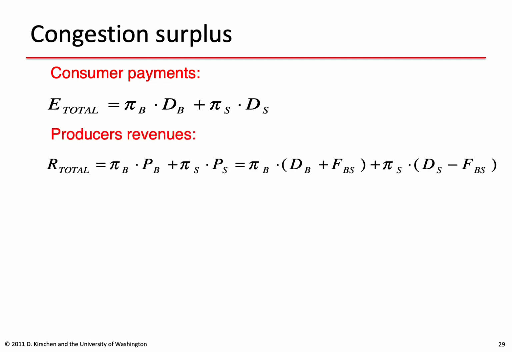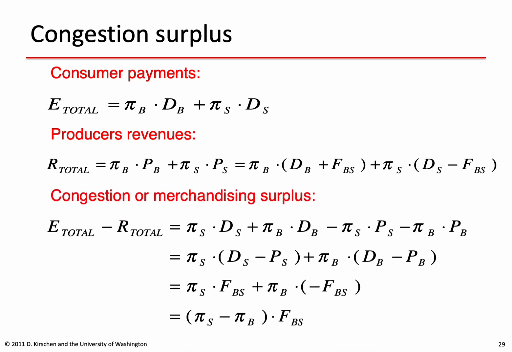The producers' revenues, on the other hand, are given by the price in Borduria times the power produced in Borduria, plus the price in Syldavia times the power produced in Syldavia. But the power produced in Borduria is the demand in Borduria plus the flow from Borduria to Syldavia. And the power produced in Syldavia is the demand in Syldavia minus this import from Borduria.